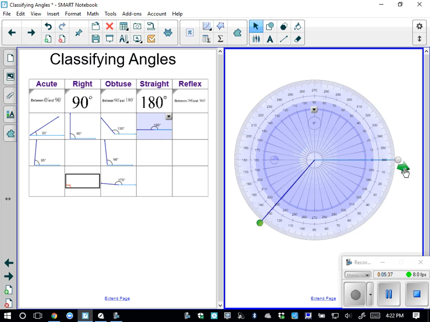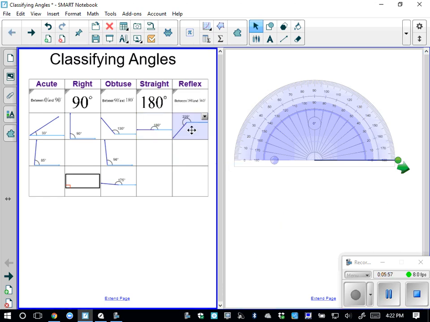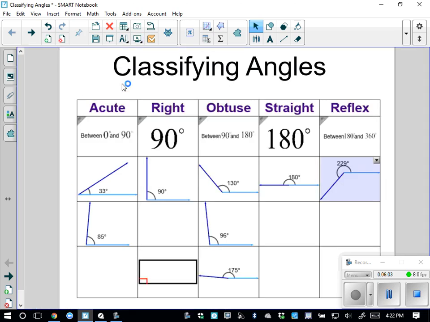And so when I punch that out here, the reflex angle is this angle that you see out here. And I know that it's hard for you to see the number on that, but that angle is 229 degrees. So we call that a reflex angle. So I think if I go back to just the single page display, you can see those numbers a lot better.